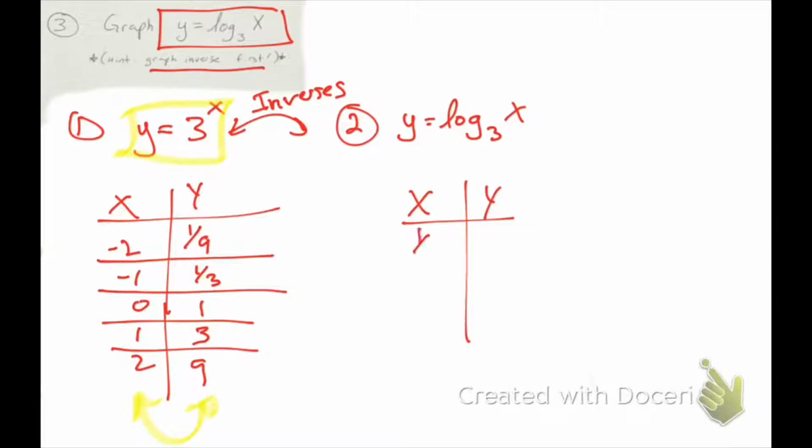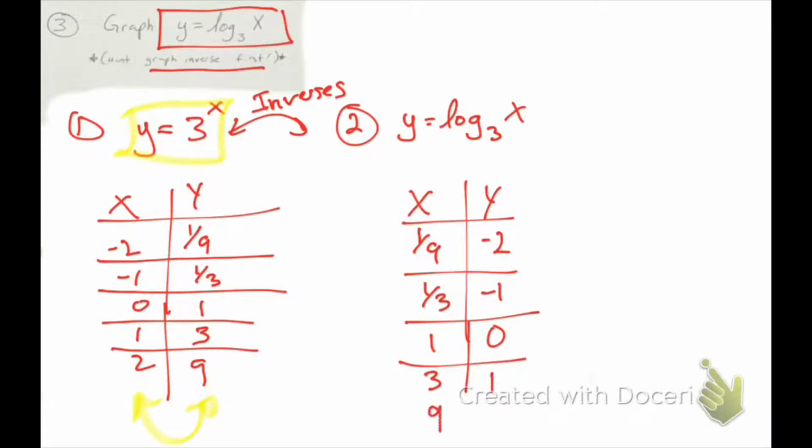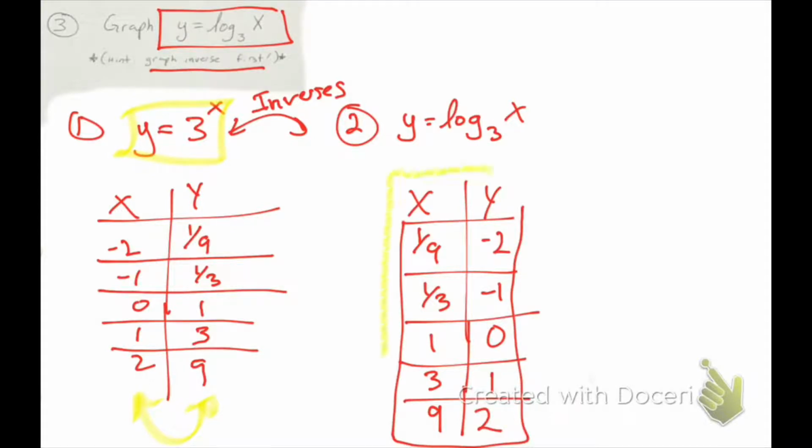So I get 1/9, -2, 1/3, -1, 1, 0, 3, 1, and then 9, 2. So those are the actual coordinates for my original function.